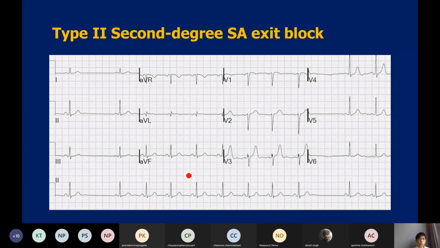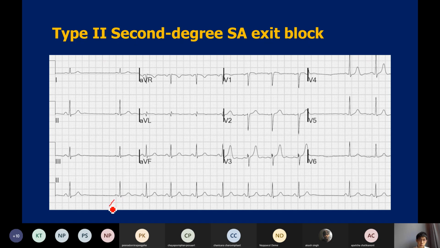And this one is the ECG of the type 2 second degree SA exit block. Don't worry about the types of the SA exit block. I will sum up for you in the next few slides. You can see that there is some group of beats that could get out of the SA node.